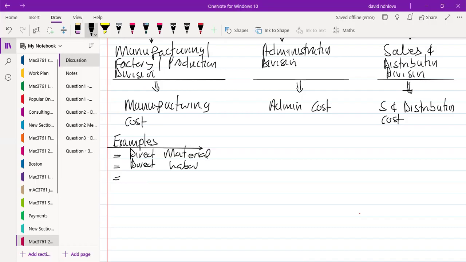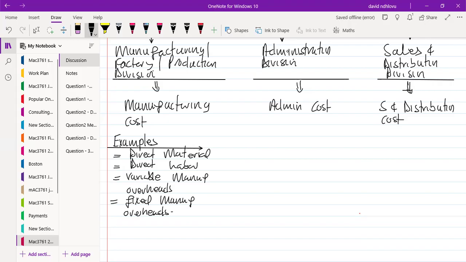Then we have variable manufacturing overheads. Then we have fixed manufacturing overheads. So these are the costs that we associate with the manufacturing environment.